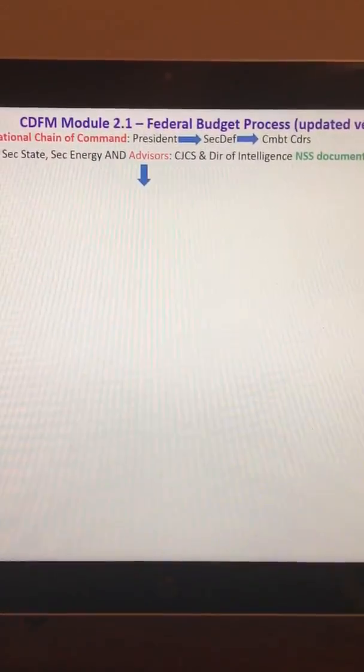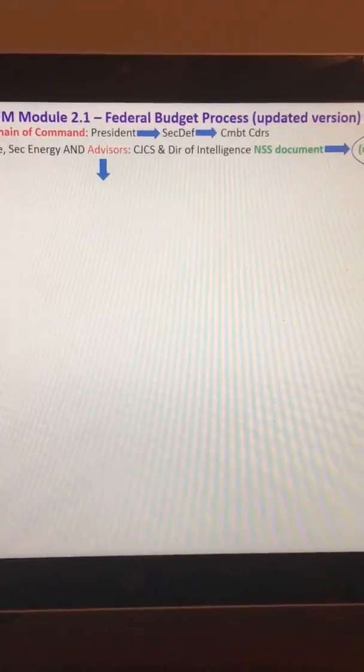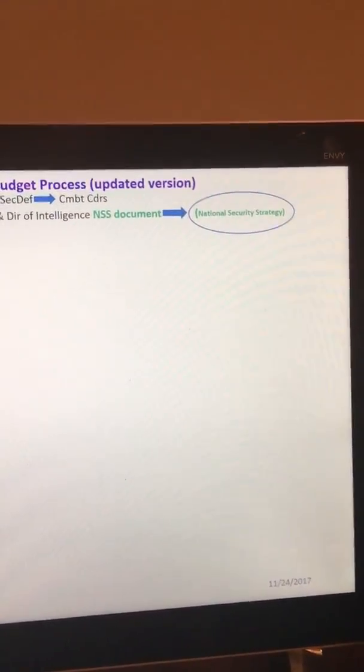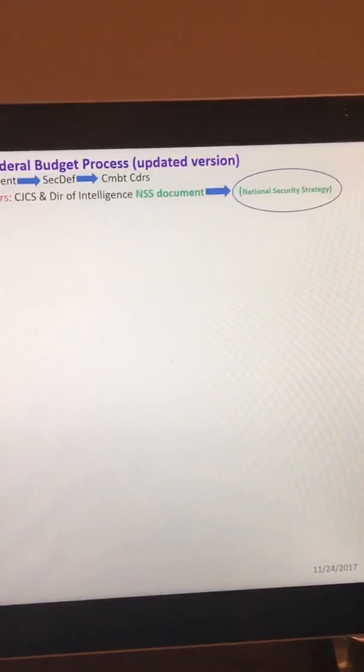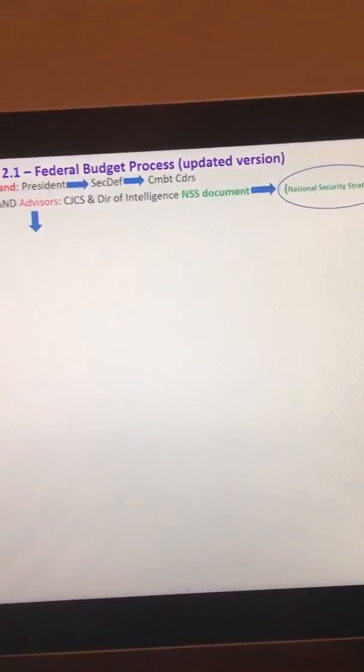So the National Security Council develops a national security strategy document, which is called the National Security Strategy. It's like any other operation order, op order.